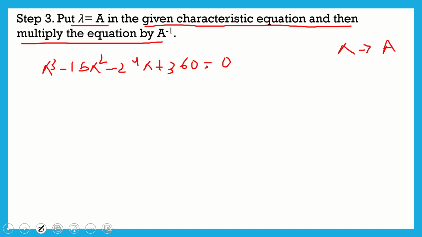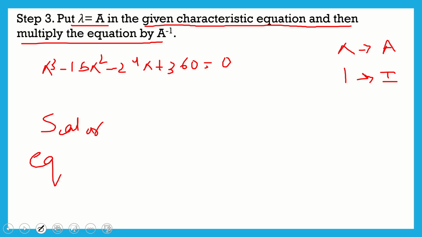Okay, let us do it this way. So lambda is replaced by A, 1 is replaced by I. We are converting, or in your terms we can say we are transforming this equation. See, this is an equation of elements, a scalar equation. We are going to transform it into a matrix equation.